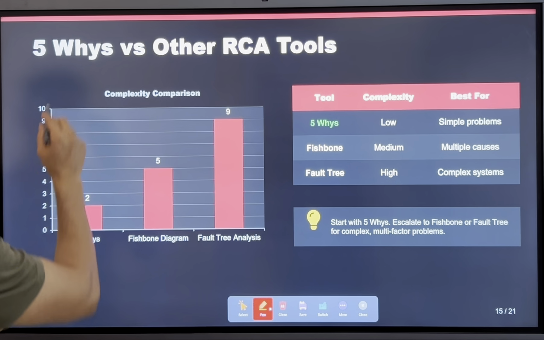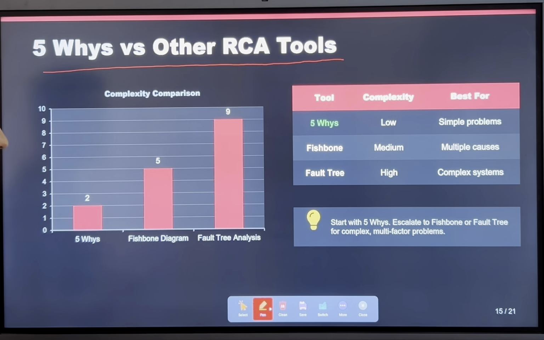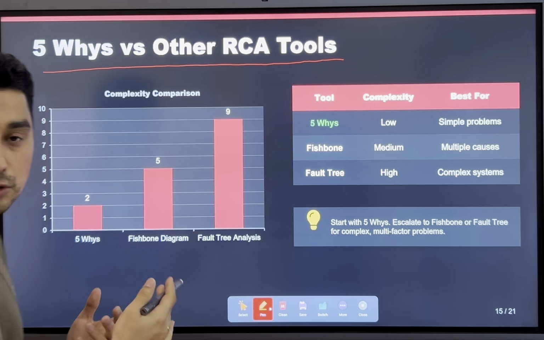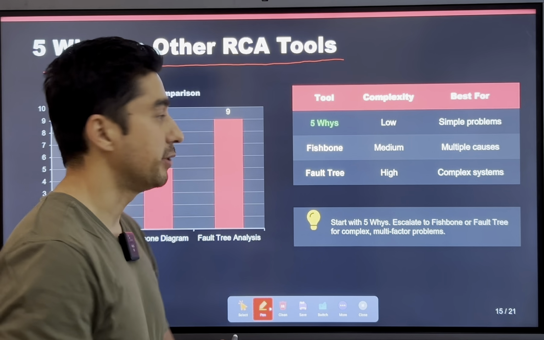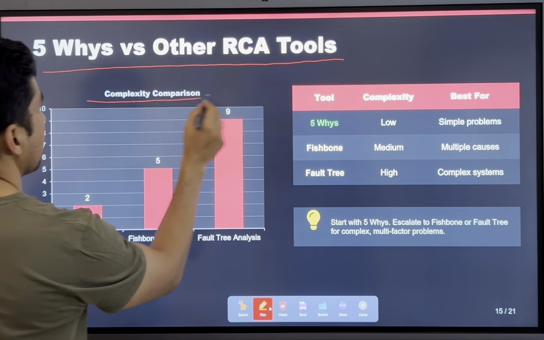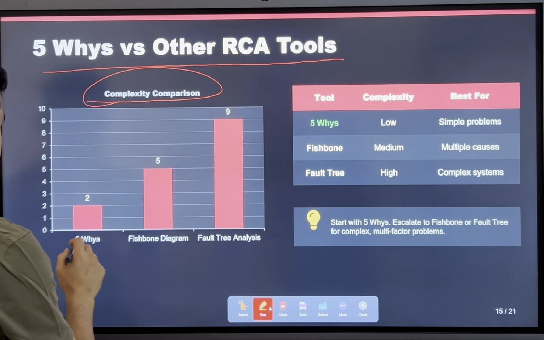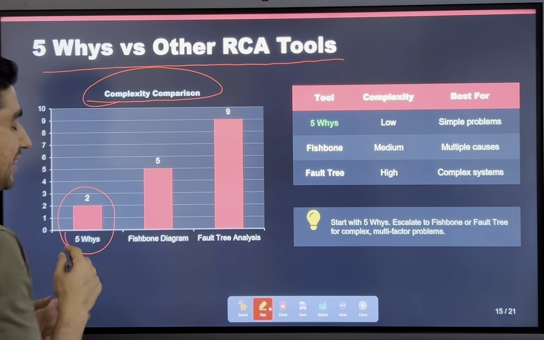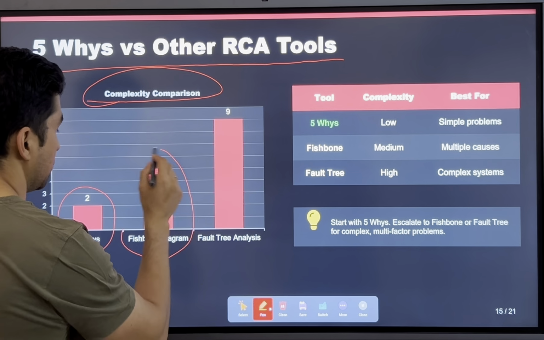Here, 5 whys versus other root cause analysis tools that we have. Let's do some comparison. Which one is good and where you can use it. 5 why analysis, complexity comparison. If you compare whether it is complex or not, then 5 why is very less complex. It's not that much complex. But compared to fishbone, it is very much complex.